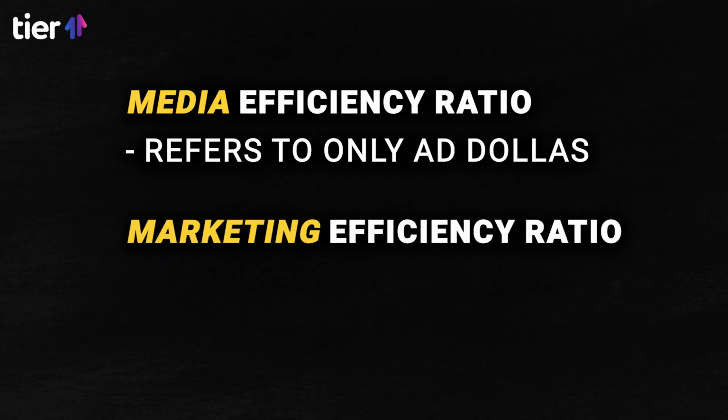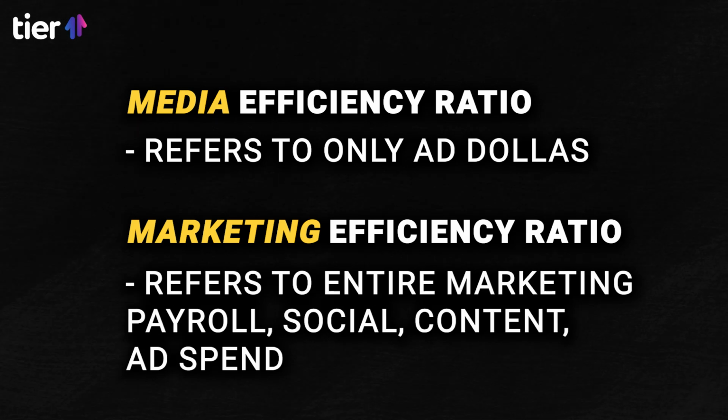So that might be marketing payroll costs, of course, maybe our social media marketing people who do our content. All of these are salaries. These aren't necessarily ad spend, and our ad spend dollars are actually very little.